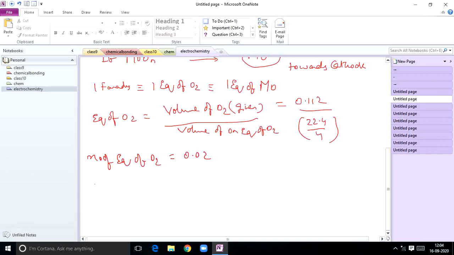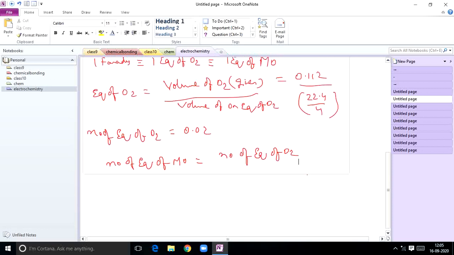as previously we discussed, the number of equivalents of molybdenum is equal to the number of equivalents of oxygen. So here the number of equivalents of molybdenum metal is equal to, what is the formula?